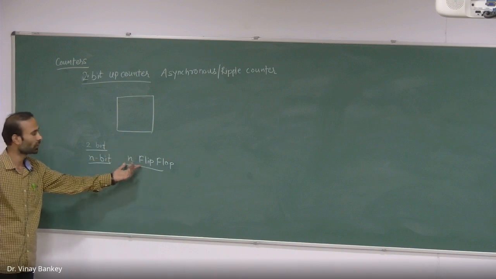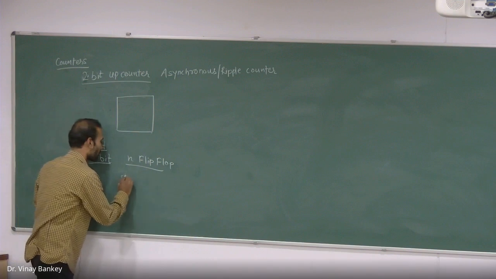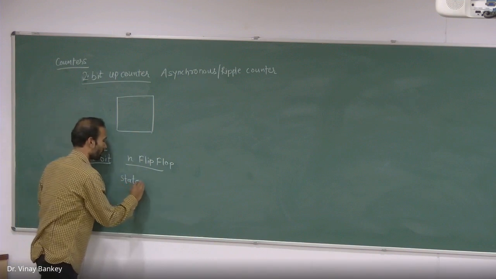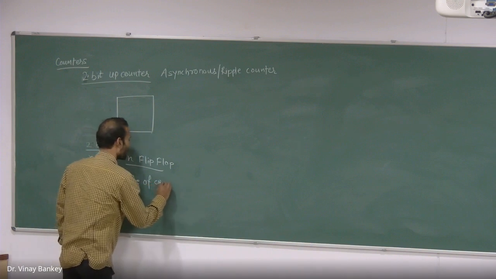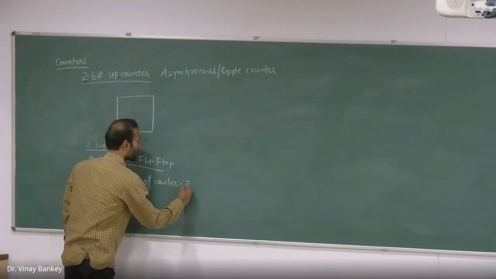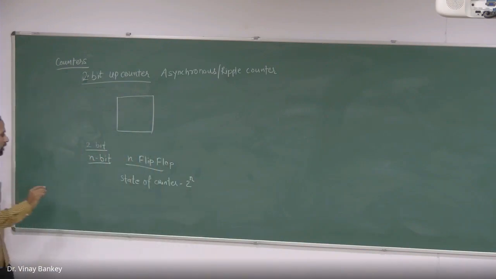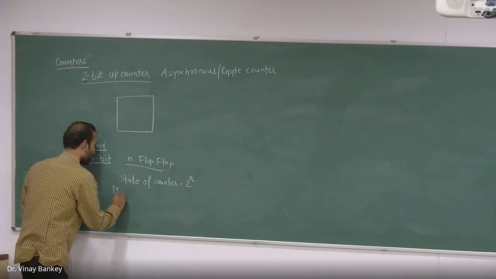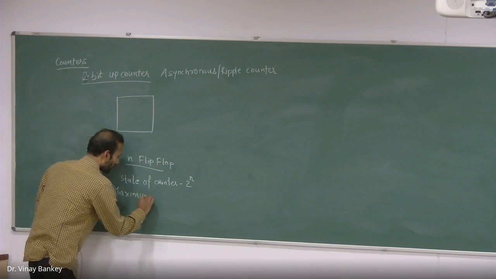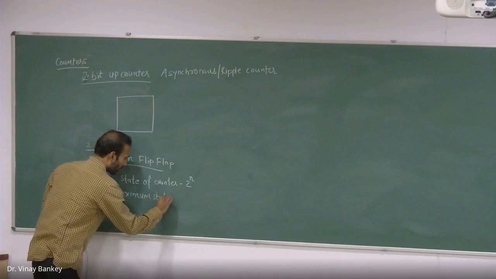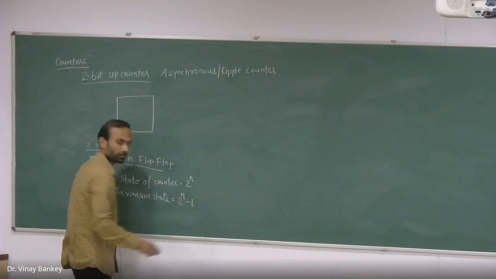Using n flip-flops, the states of that counter will be 2 to the power n. And what will be the maximum state? The maximum state will be 2 to the power n minus 1.